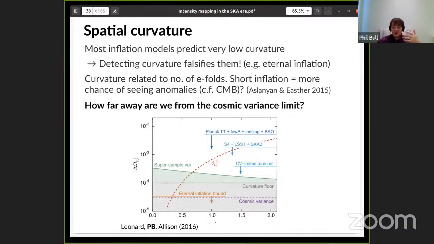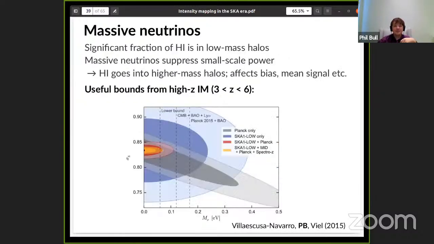So we've measured the curvature to be small, but not necessarily zero. We've put upper limits on it. If you're able to go and measure it at the level of something like 10 to the minus 3 or 10 to the minus 4, that would rule out a lot of these models. I mentioned massive neutrinos. I don't want to spend too much time on that, but you would be able to improve your neutrino mass measurements.